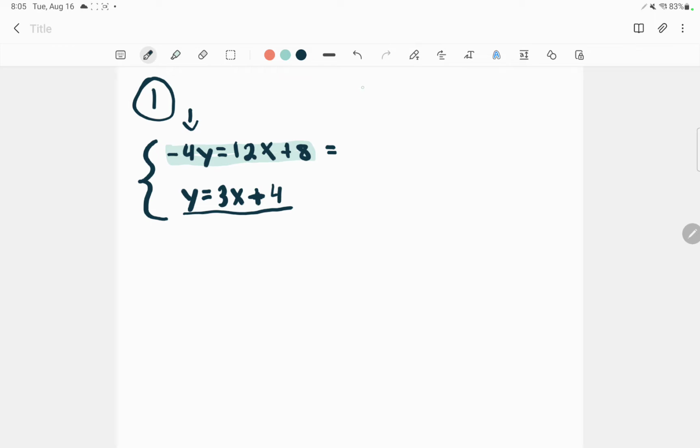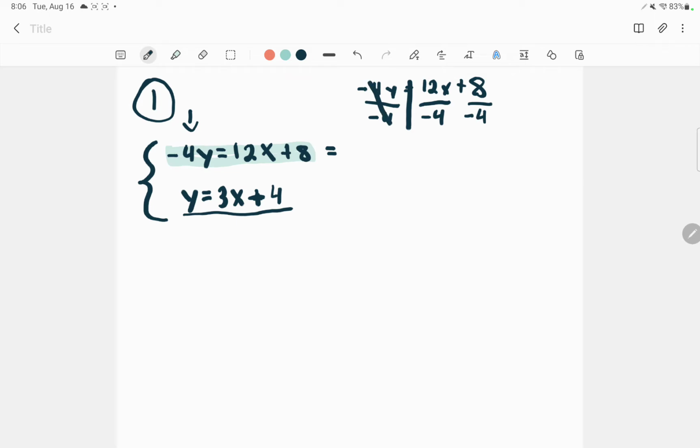I'm going to do it over here in the very top so I can have some space. So negative 4y equals 12x plus 8. Now, the only thing I need to do is get rid of that negative 4. So I'm going to go ahead and divide by 4 to everything. So I'm going to divide by 4 to the 12 and also divide by 4 to the 8.